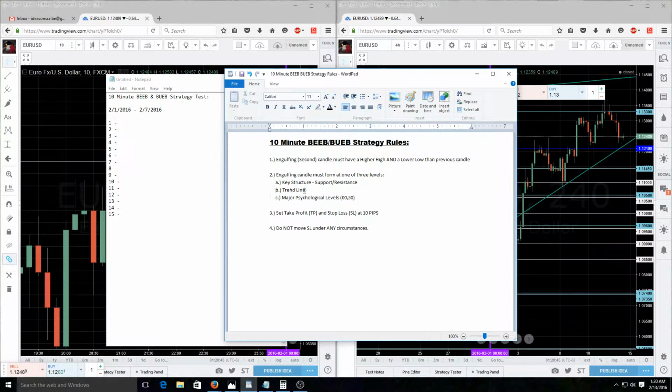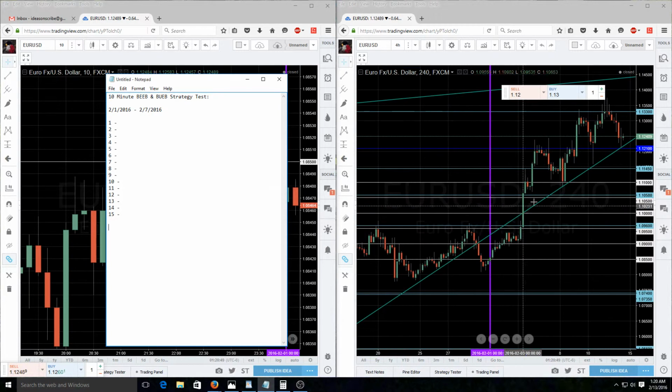B is trend lines, which would be this green line I've got going way up here. This is a trend line where price had come up and bounced and came back up and then broke back up again and then retested the same exact trend line 3 more times. This means that this trend line is respected by the market, and that in the future it very well may be as well.